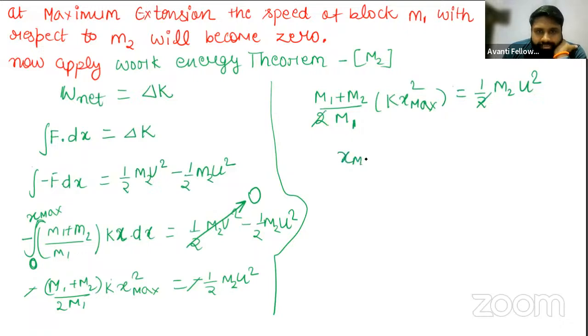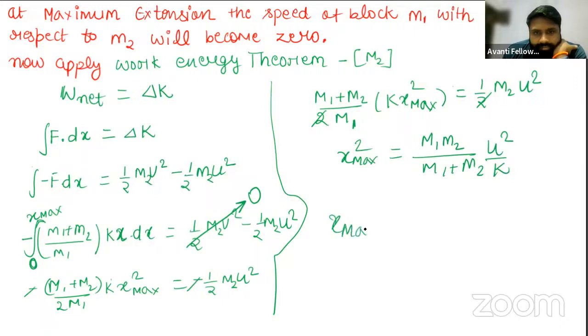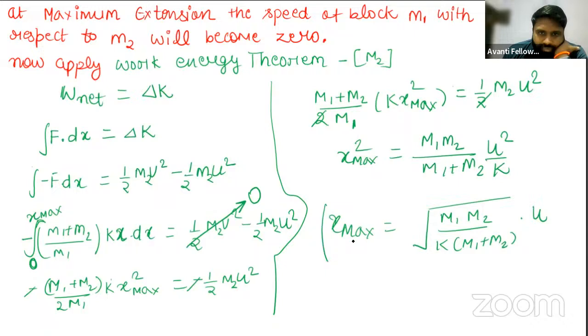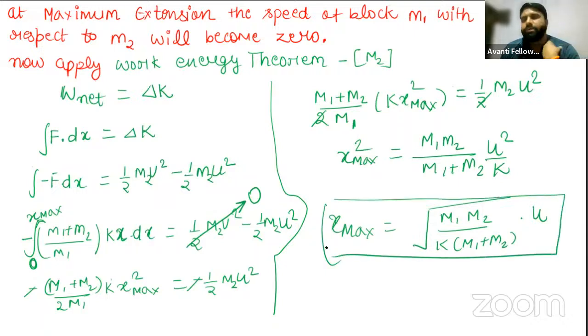So x max square, this term will go in this direction, so it will become m1 m2 by (m1 plus m2) into u square by k. So x max is nothing but the square root of m1 m2 divided by k times (m1 plus m2), into u. So this is the expression for maximum extension in the spring.